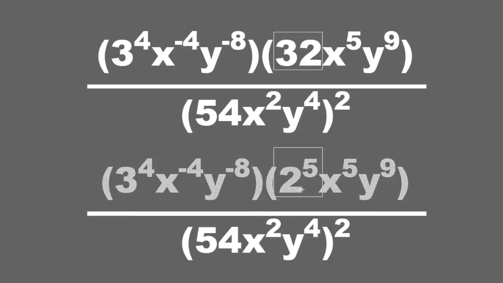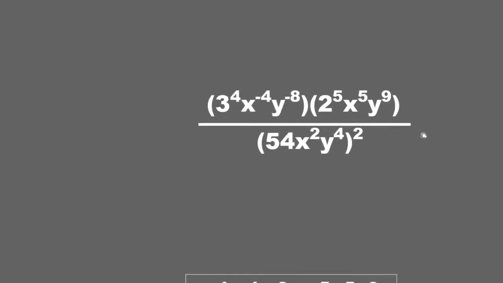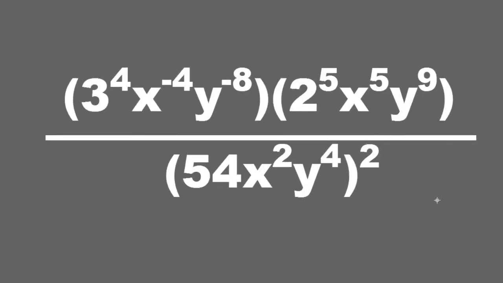So I just put here 2 to the power of 5 instead of the 32. These two expressions are equivalent. And that's where I am up to now. I eliminated the exponent from this parenthesis, and I just changed the 9 and the 32.